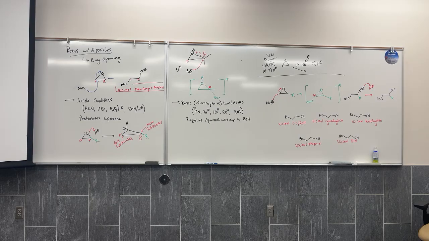This goes from dashed to wedged. What's this, sorry, this methyl group? Well, the methyl group is pretty impacted by the oxygen. Do you notice that the oxygen maintains its stereochemistry? The alcohol was wedged. Yes, the alcohol becomes the epoxide.